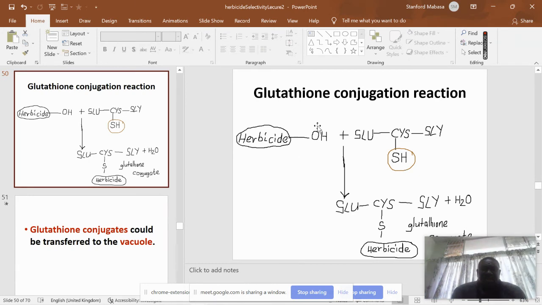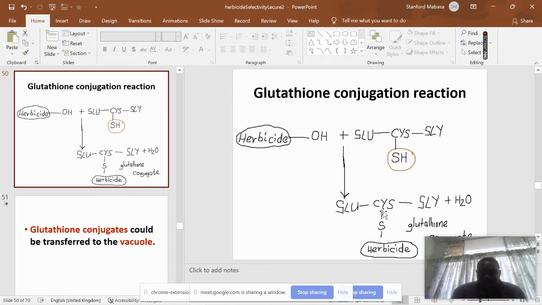So this product of phase 1, the herbicide which has been given an OH, will further react with the glutathione. This bit is going to get attached to the SH like here, right? So the herbicide is now joined via S to cysteine, which is part of glutathione, and you have water here.